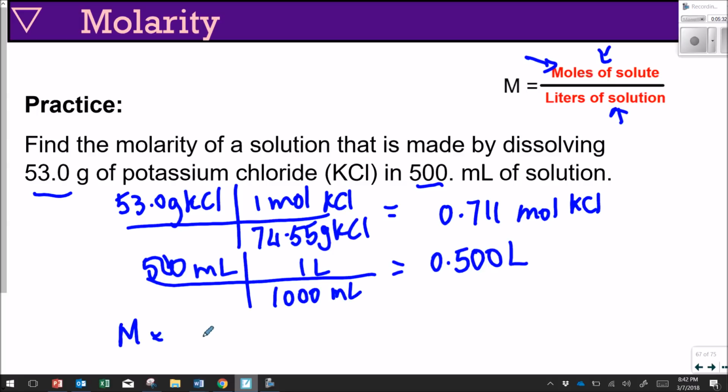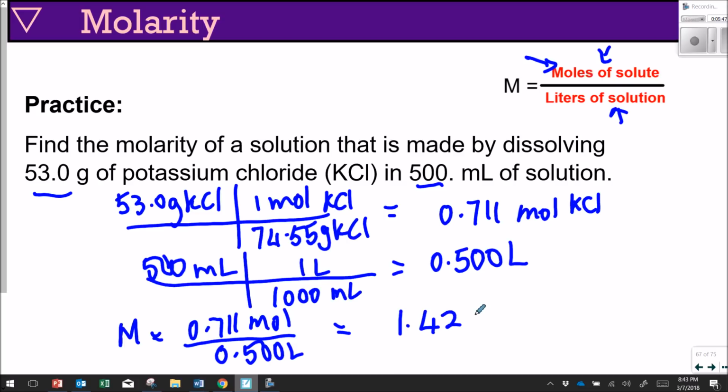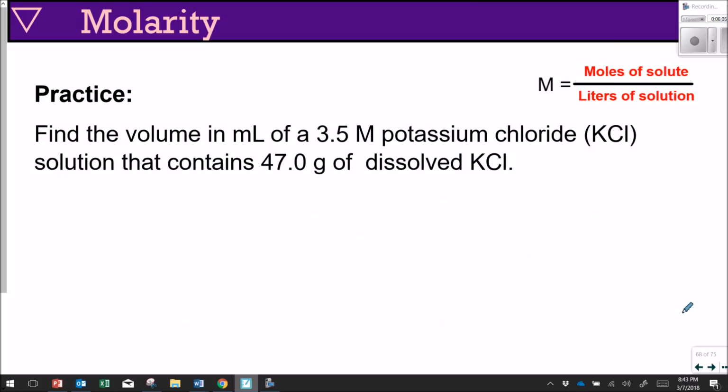Molarity equals moles, 0.711 mole, divided by liters, 0.500 liters, and I get 1.42 molar potassium chloride.